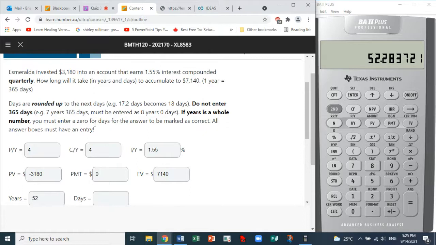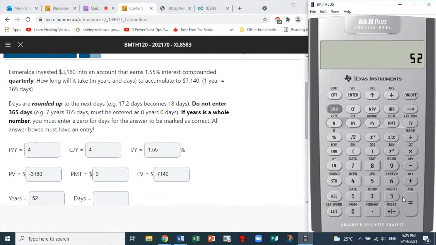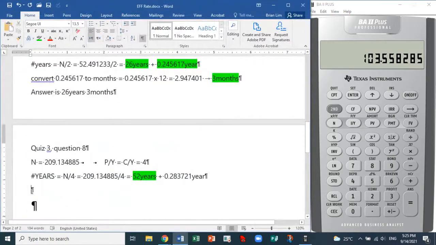So do not enter 365 days. Okay, so 1 year is 365 days right up here. Okay, so now what do we do on the calculator? We subtract the 52, we got rid of the years, and now we have to multiply this number by 365. And what do we get? We get 103.558285.